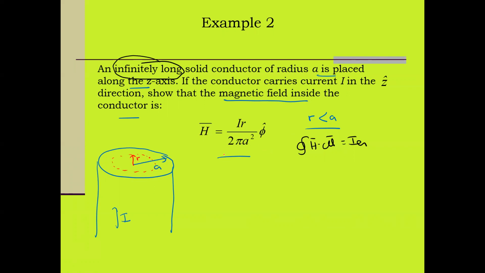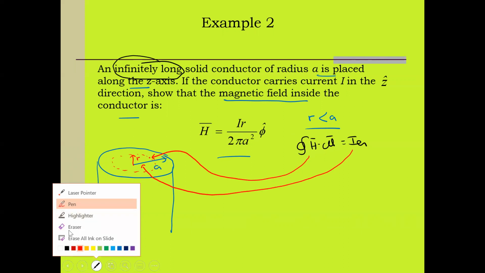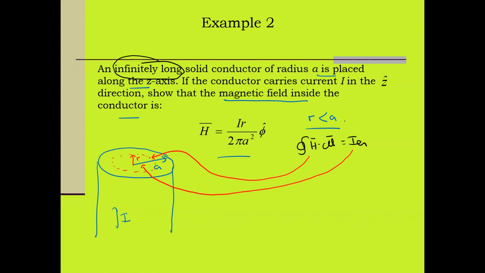Okay, so based on this ACL, the left-hand side is the integration on the loop, while the I enclosed is the current inside the loop. So from here, we can solve for the left-hand side terms, in which we are going to have the H phi, the direction of phi, and the dl will be r d phi, the direction of phi.